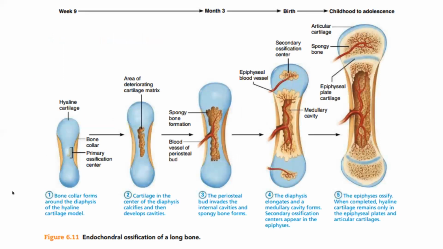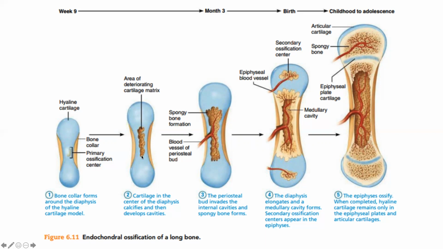So look at that. We start to have a little cartilage plate. And then in the center of that, a bone forming center, which we call the ossification center, appears. Because it is the first to appear, we call it the primary ossification center.